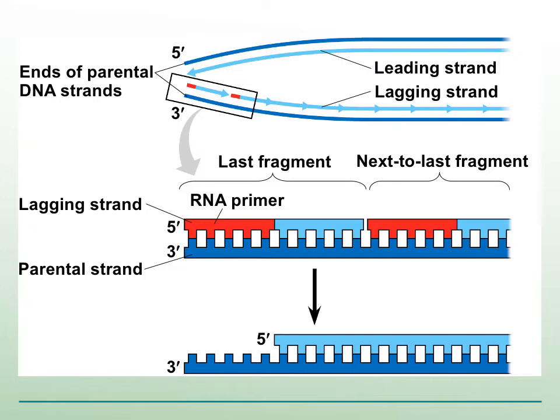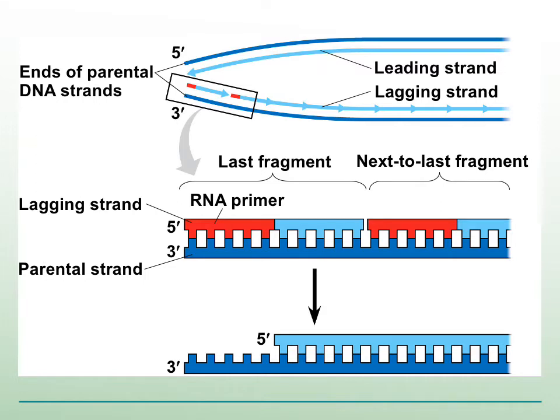DNA nucleotides. The next to last fragment begins with a red RNA primer, right, and then continues into light blue DNA. But when DNA polymerase 1 replaces those red, in this case, red RNA nucleotides with DNA nucleotides, it can do it fine for the next to last fragment, but not for the very last fragment.